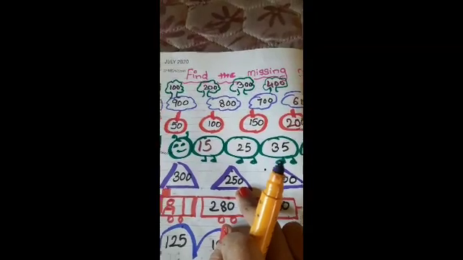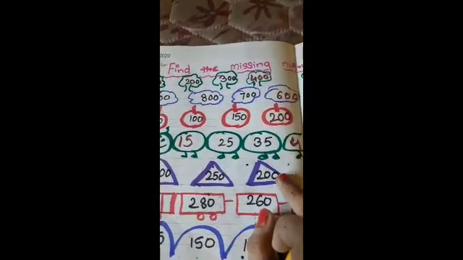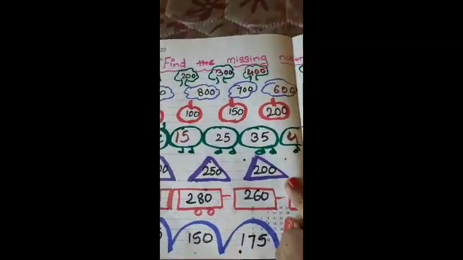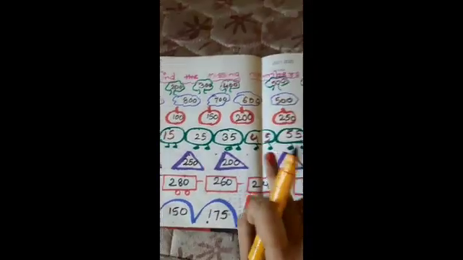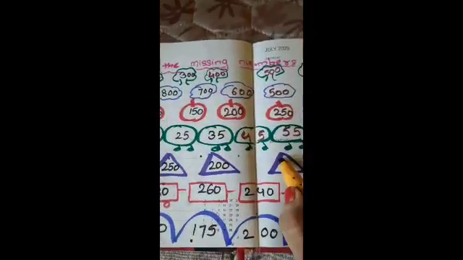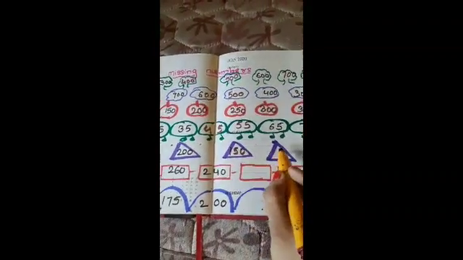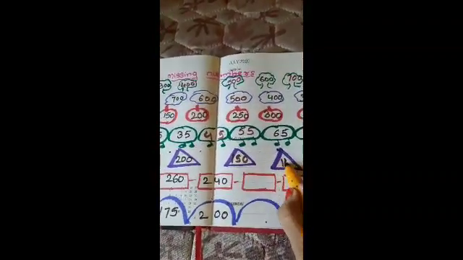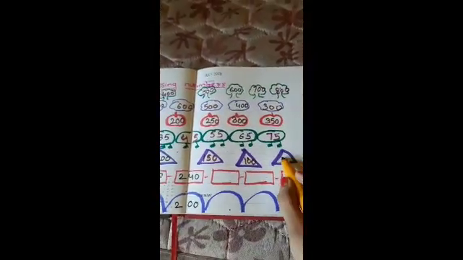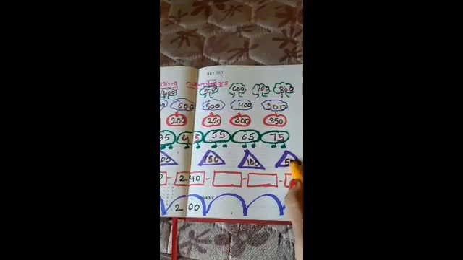If we go, we'll get 250. 50 steps backward if we jump, we'll get 200. 50 steps backward, we'll get 150. 50 steps backward, we'll get 100. And from 100 if we jump 50 steps backward, we'll get 50.